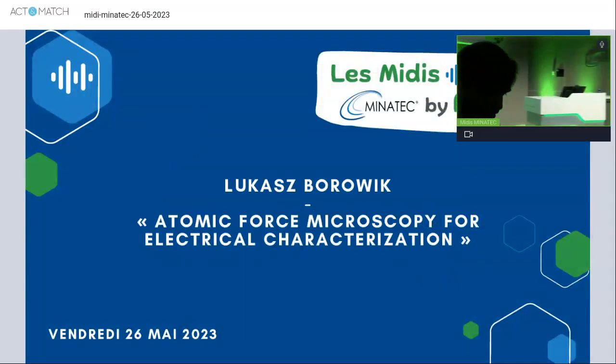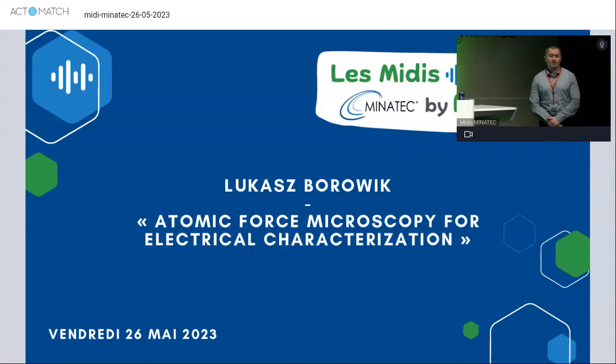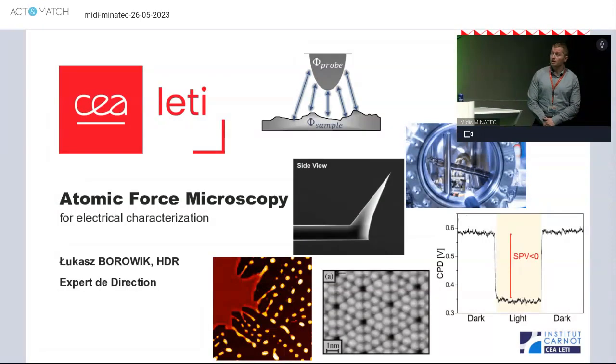Thank you, Chair. So today I will talk about atomic force microscopy for electrical characterization. After the introduction, I will show some examples of electrical characterization by atomic force microscopy applied on devices and materials.